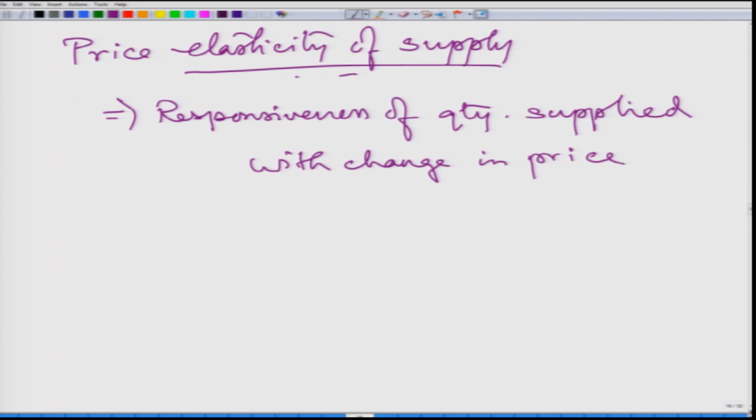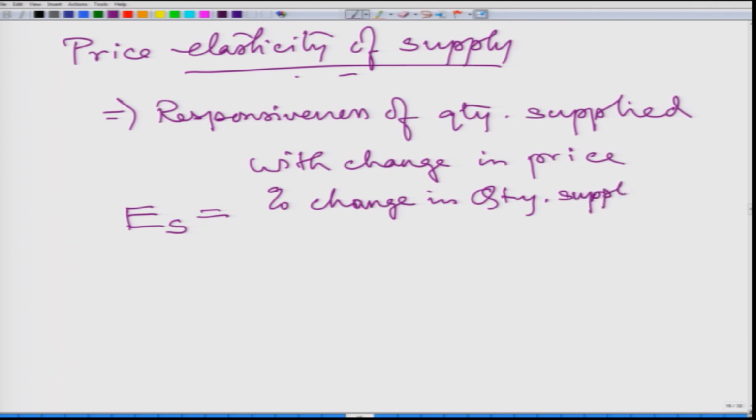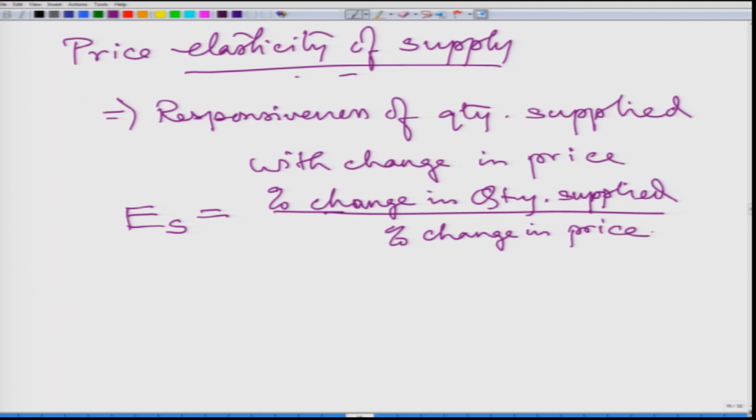We can keep it as E small s, and then this is the percentage change, similar to demand, in quantity supplied divided by the percentage change in price.